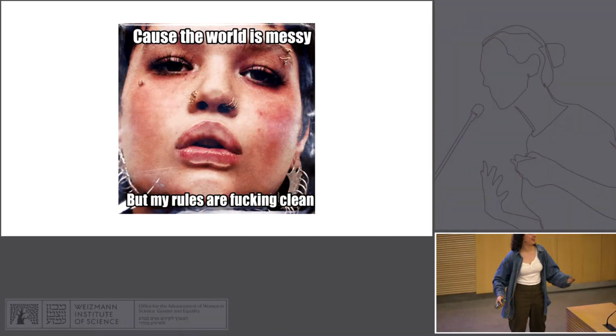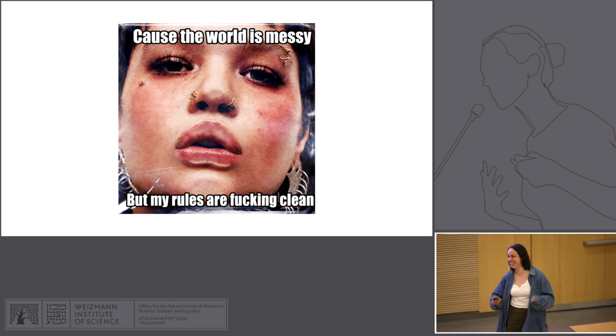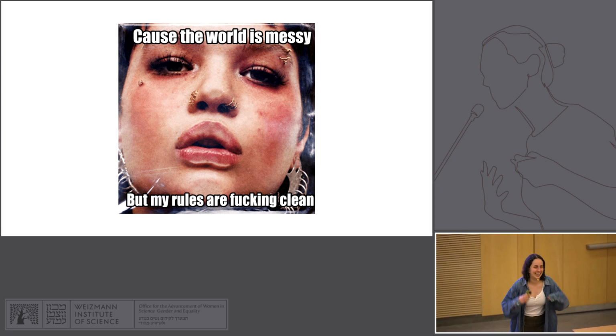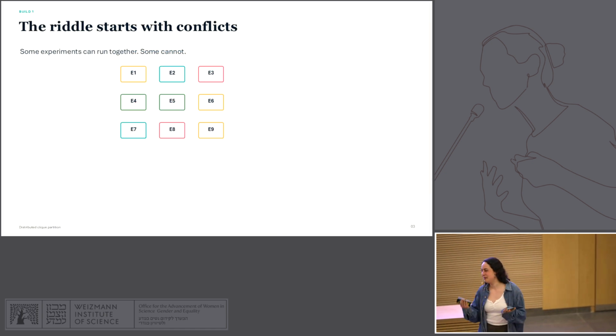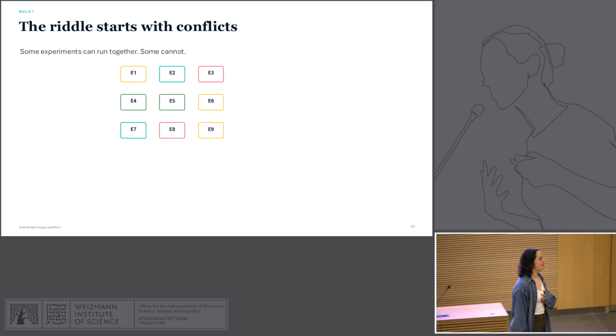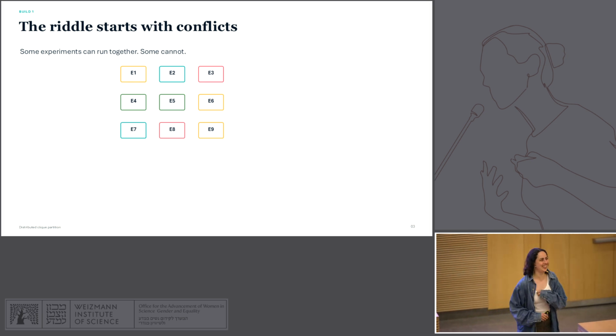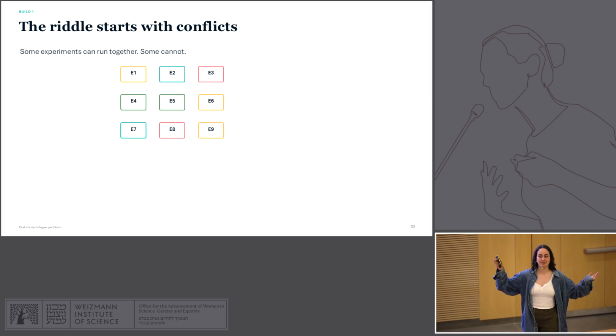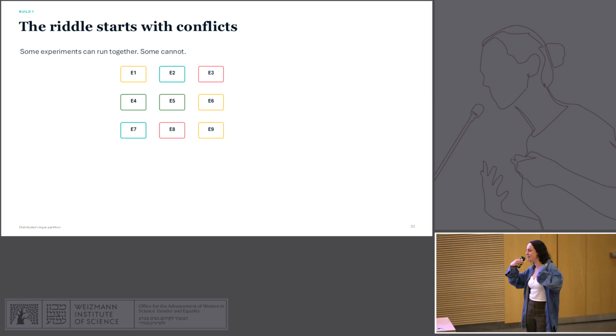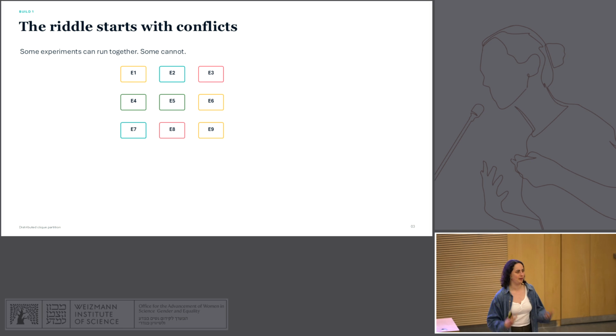Now that you're all awake, we can try to understand what equitable coloring is. As most of you are probably biologists or chemists, you do experiments. So let's imagine a lab where we have experiments.